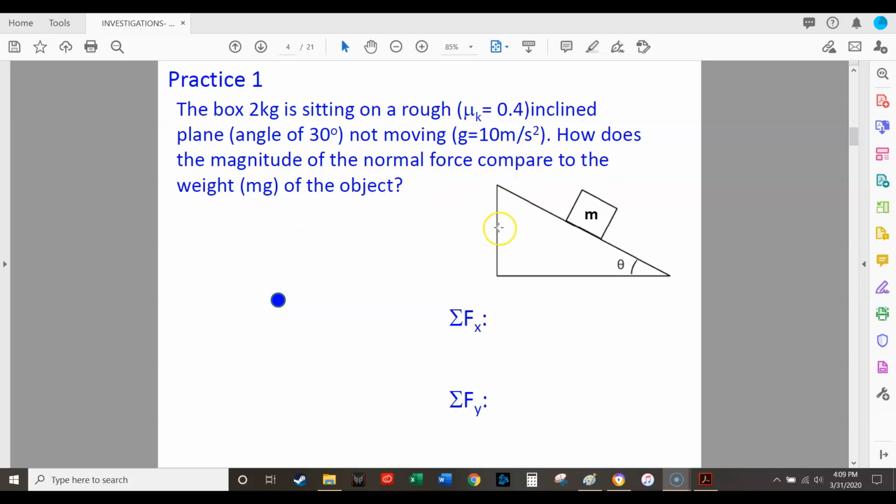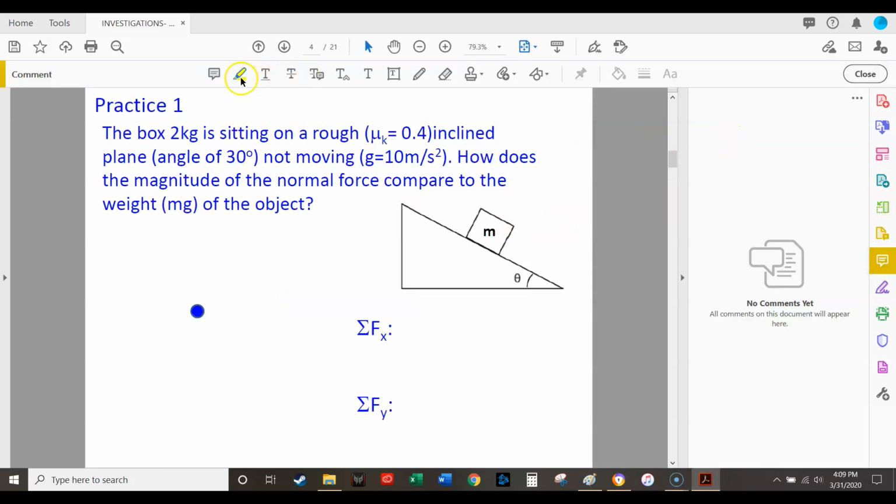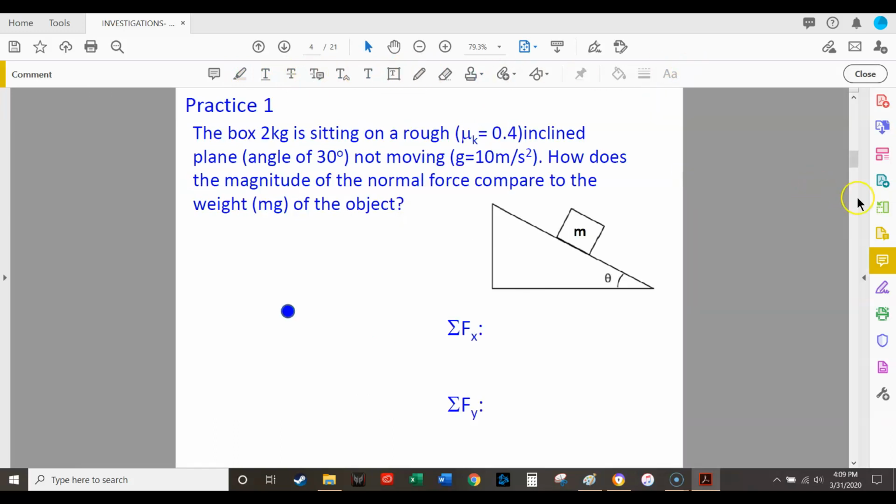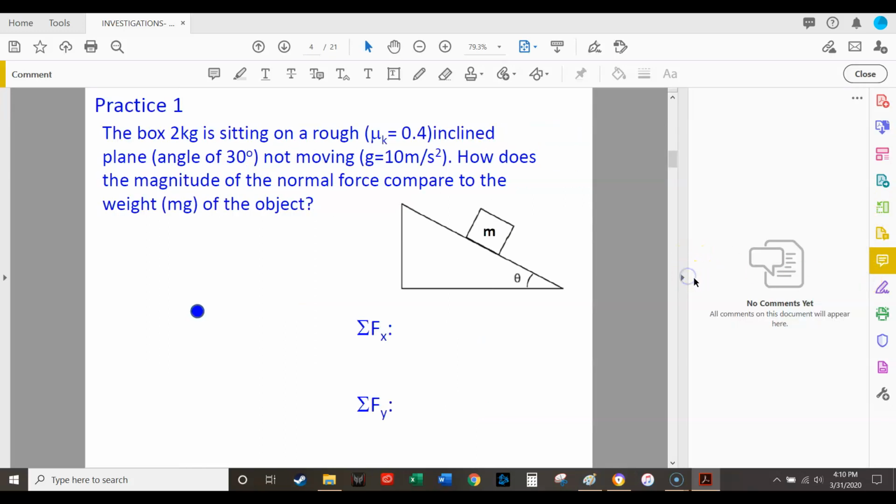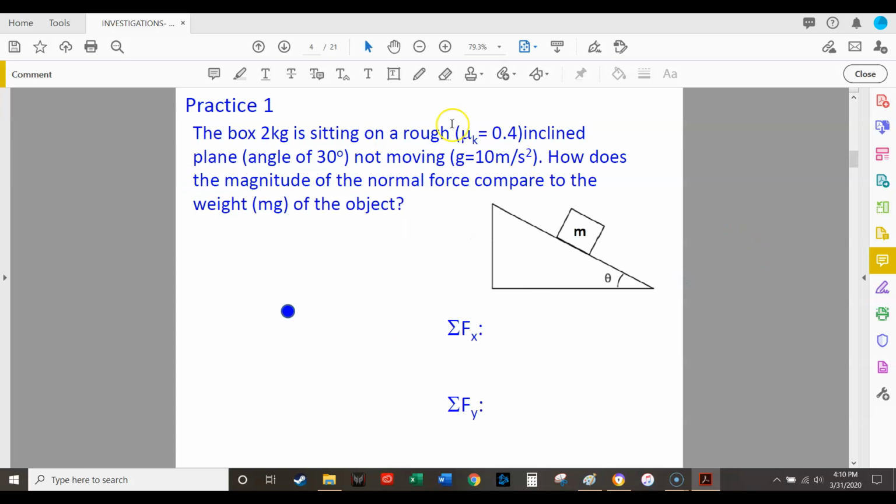There's no fillable area, so again, we're going to have to go to our comments area to pull up that bar with our tools in the PDF. And then you go ahead and push this little arrow to push this back. Oops. And now we have all of our tools. We have our text box, we have our drawing tool, we have our shapes.